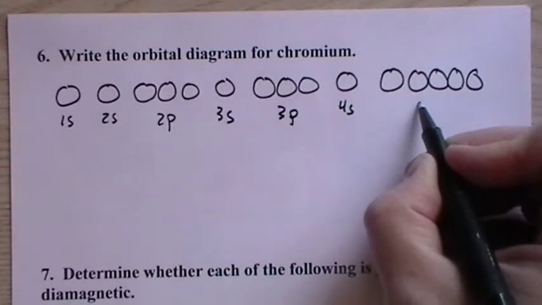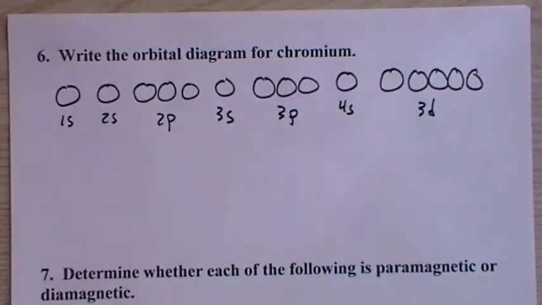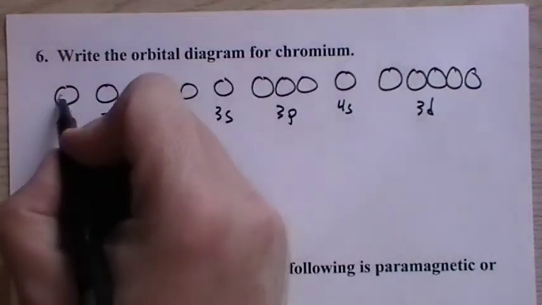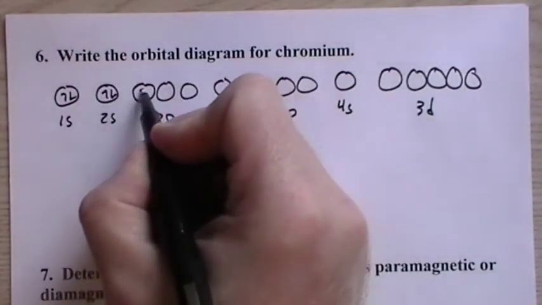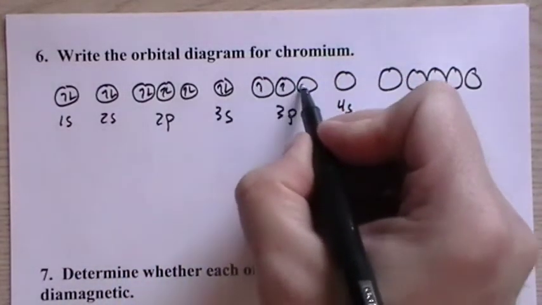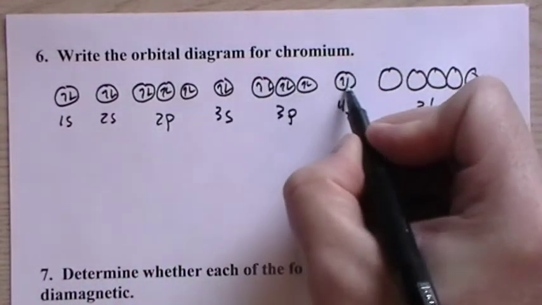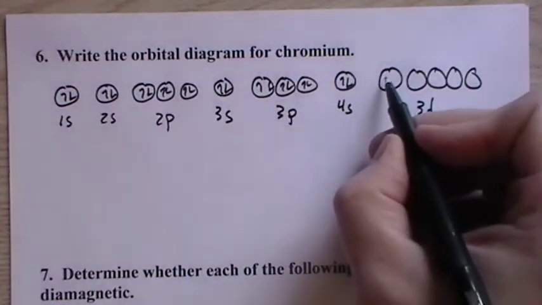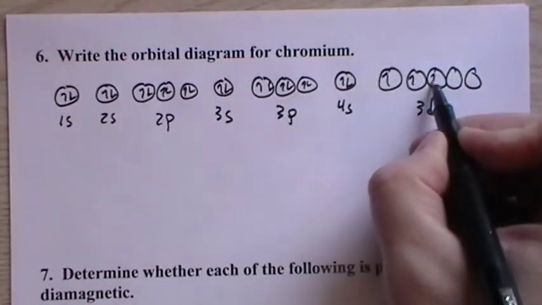Just wanted to get this right. And then chromium, I have this here. So it's 1s2, 2s2, 2p6, 3s2, 3p6, 4s2, and then 3d4. 1, 2, 3, 4.